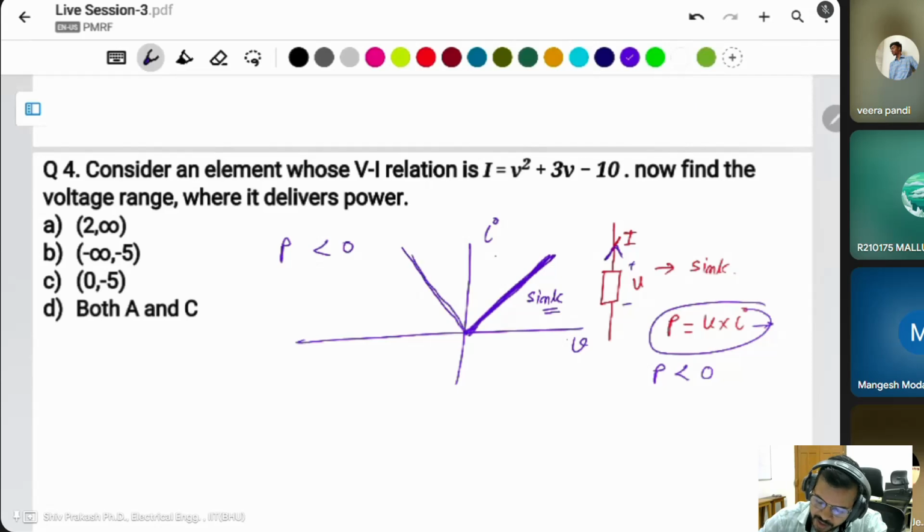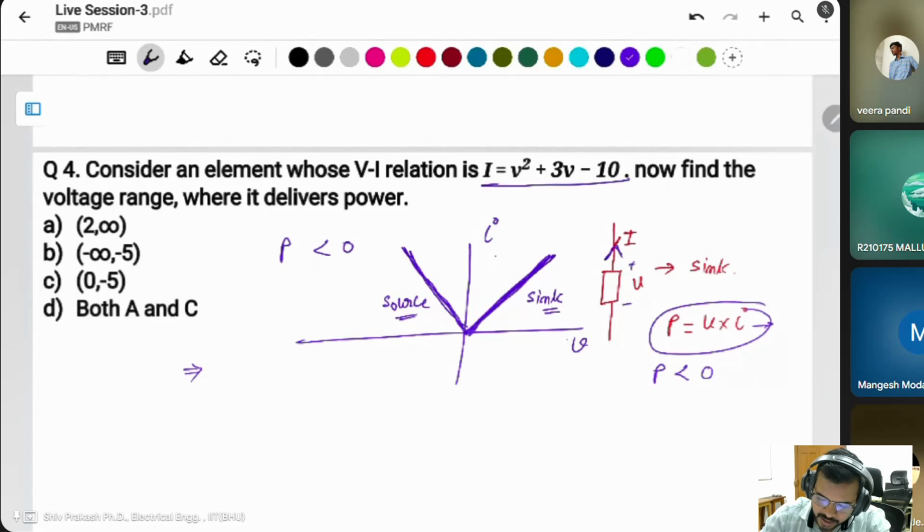And if there is voltage negative, current positive in this area, this will be a source. That's a possibility. Anything you can reverse. Okay, that means the power should be less than 0.